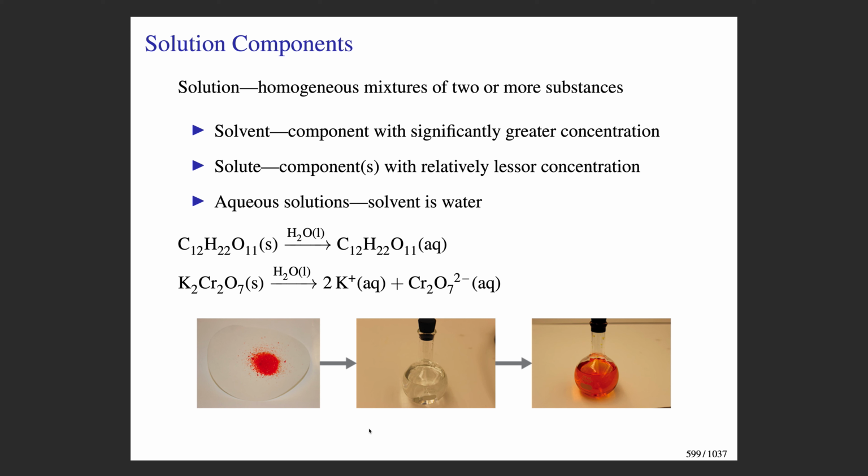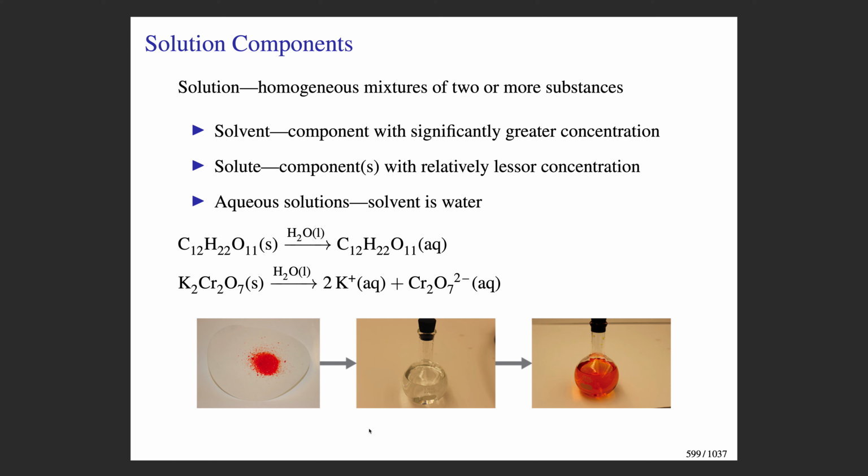A solution is a homogeneous mixture of two or more substances. The term homogeneous means that the components of the solution are mixed at the atomic or molecular level. That is, when you look at the solution, say under a microscope, you can't tell the difference between one part of the solution and another part.